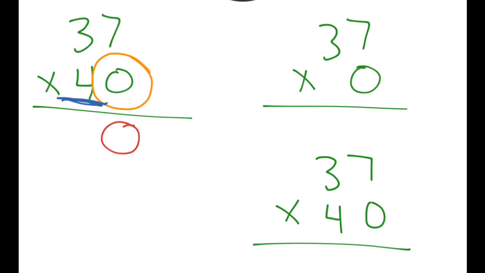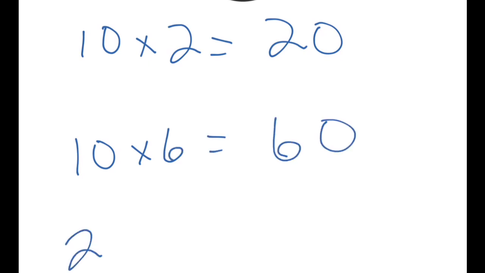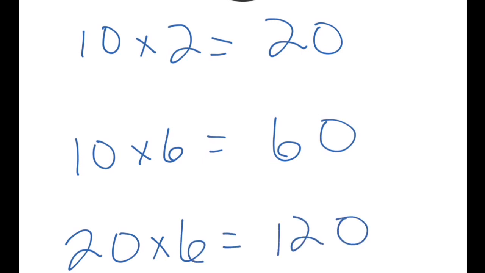When you multiply any number by a number in the tens place, for instance, 10 times 2, you get 20. 10 times 6, you get 60. I could even do 20 times 6 and get 120. Notice every single time you always have that 0 in the ones place when you multiply any factor of 10 by a whole number.